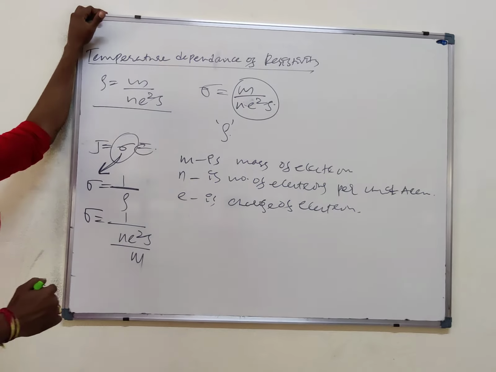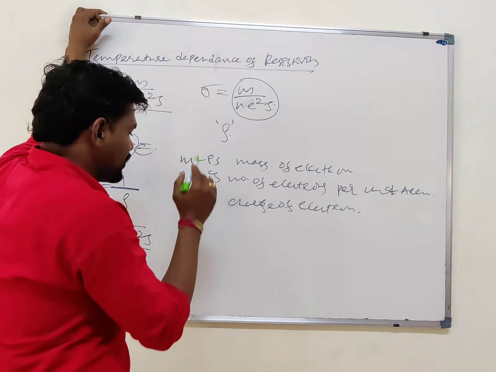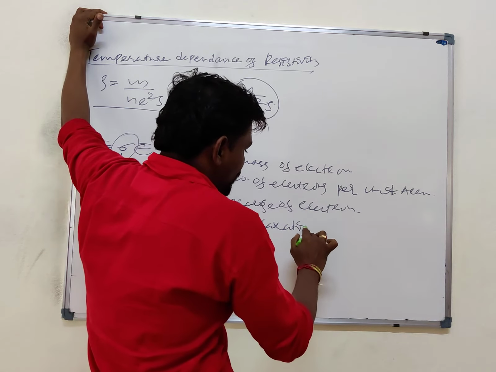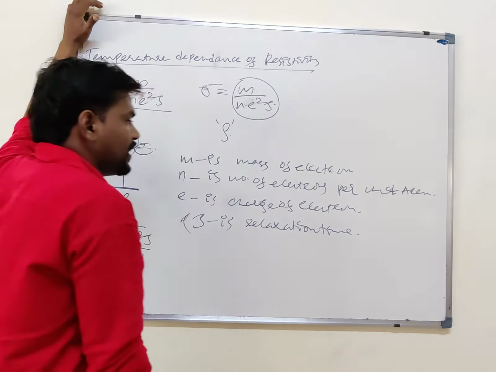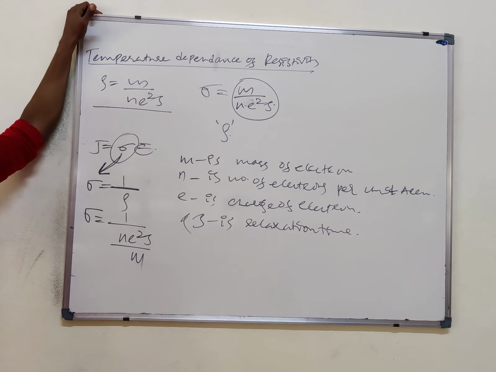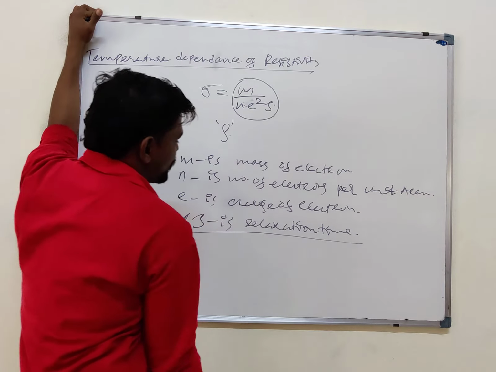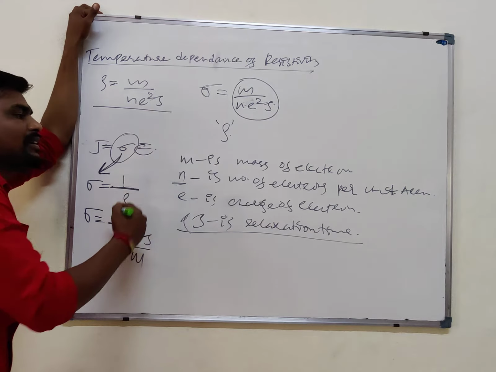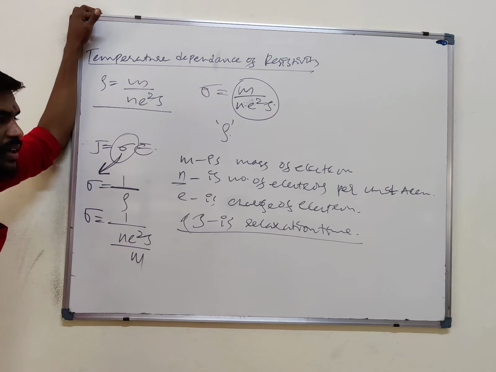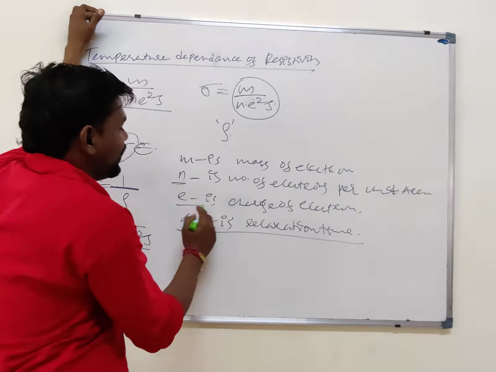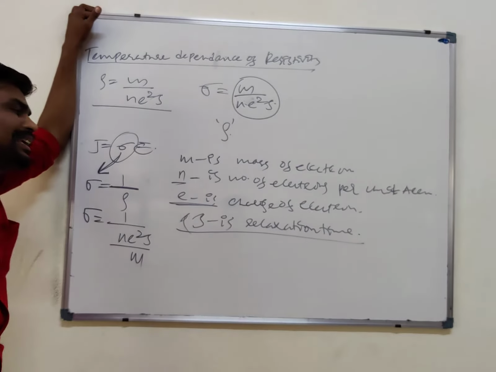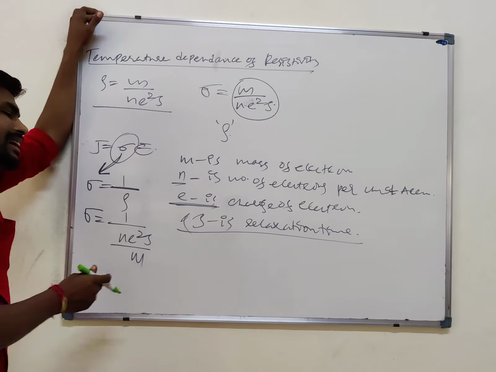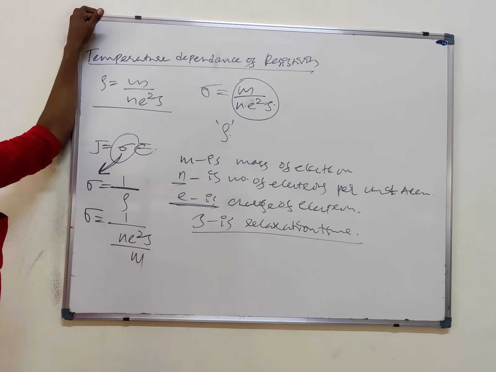Tau is relaxation time. Tau is what here? Relaxation time. So m is the mass of the electron, n is number of electrons per unit area, e is charge of electron, and tau is relaxation time.